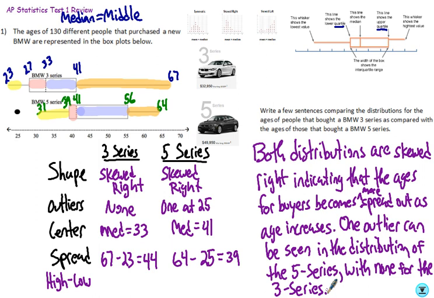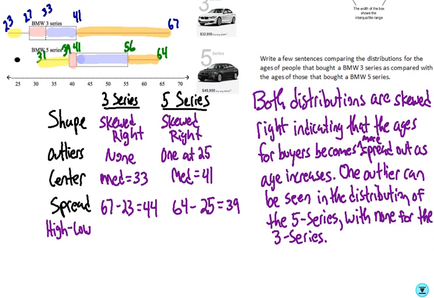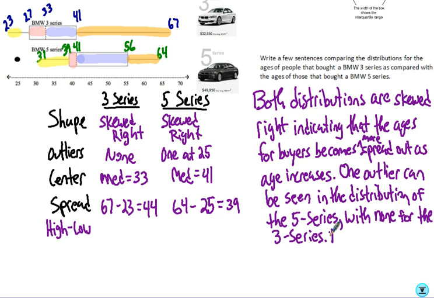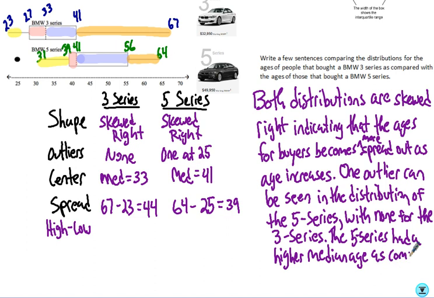Center. Okay, so it's not good enough for us just to say the 3 Series had a median of 33 and the 5 Series had a median of 41. We have to compare these two, right? So the 5 Series had a higher median age as compared to the 3 Series.